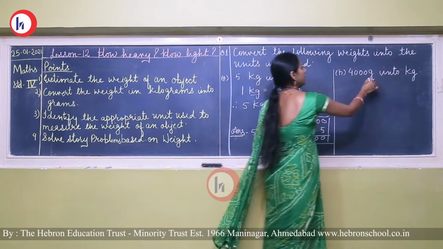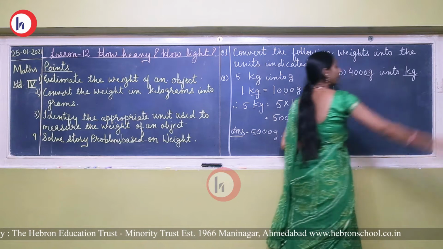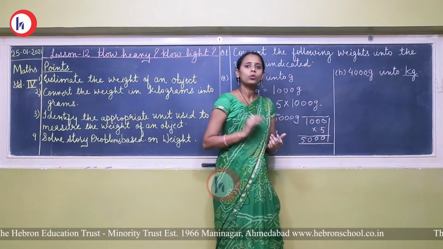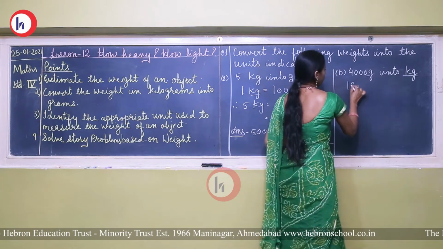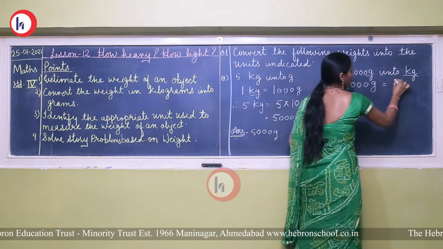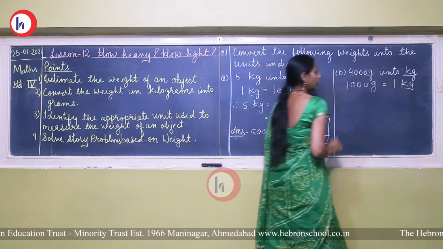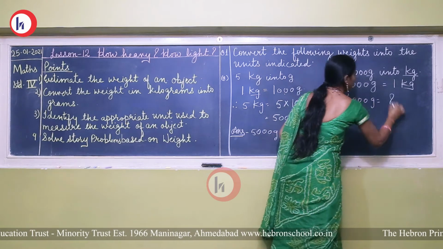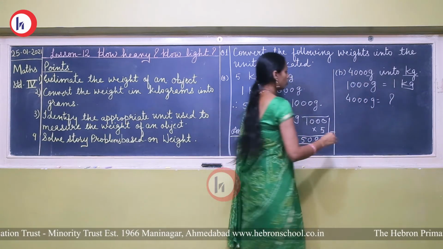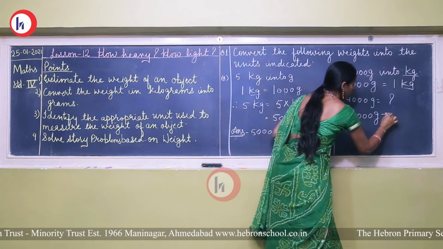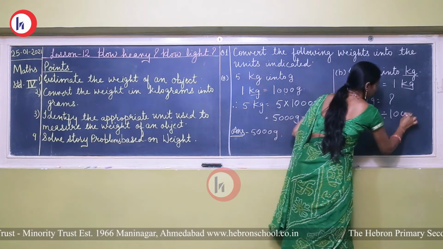Okay. Now see the next question, that is 4000 gram into kilogram. So here it is smaller and it is bigger. So when we convert gram into kilogram, here we will do division. Okay. So first we will write 1000 gram is equal to 1 kilogram. So 4000 gram is equal to how many kilogram? So 4000 gram divided by 1000.